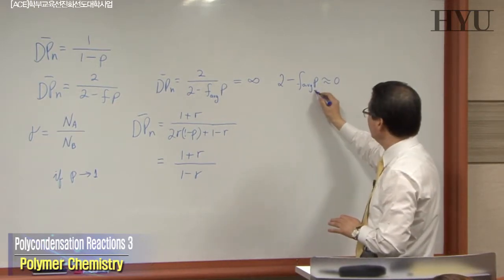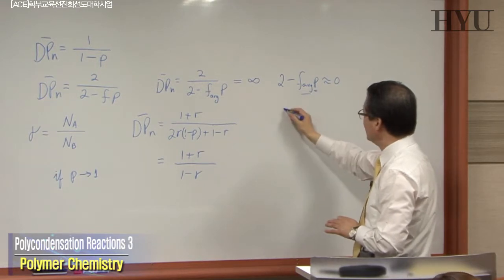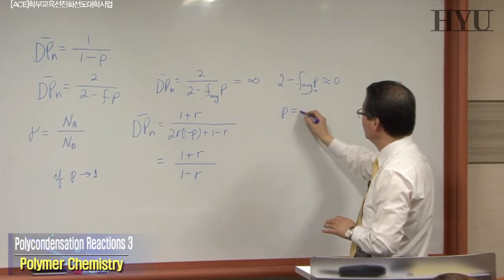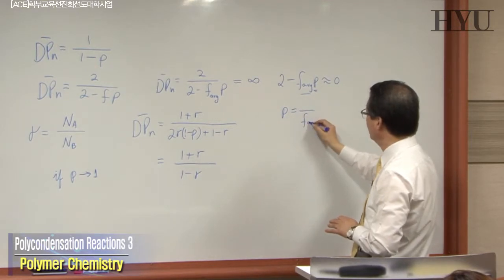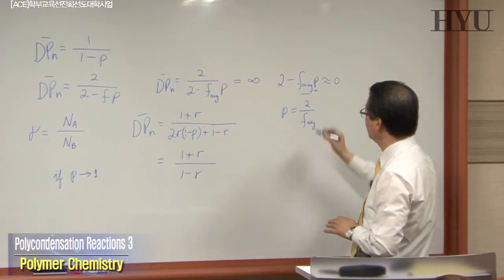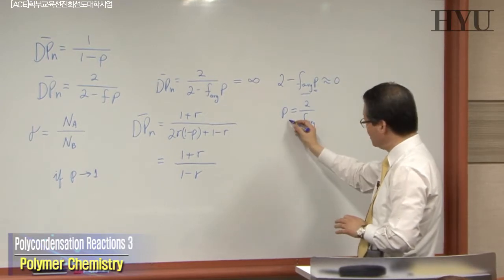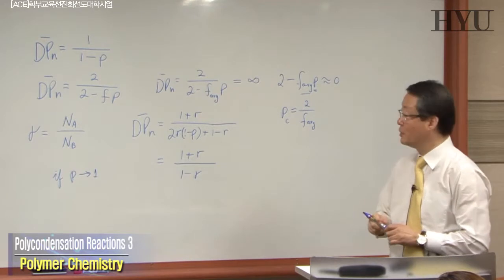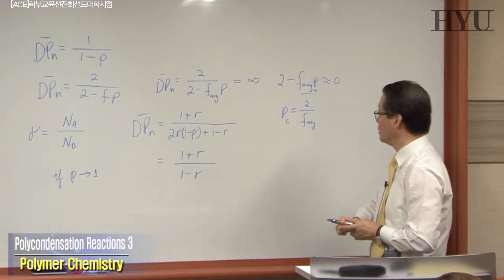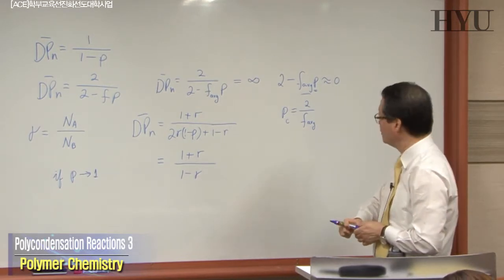So we know F average, so P in that case will be 2 over F average. This point is called the gel point conversion, or critical conversion. Okay?